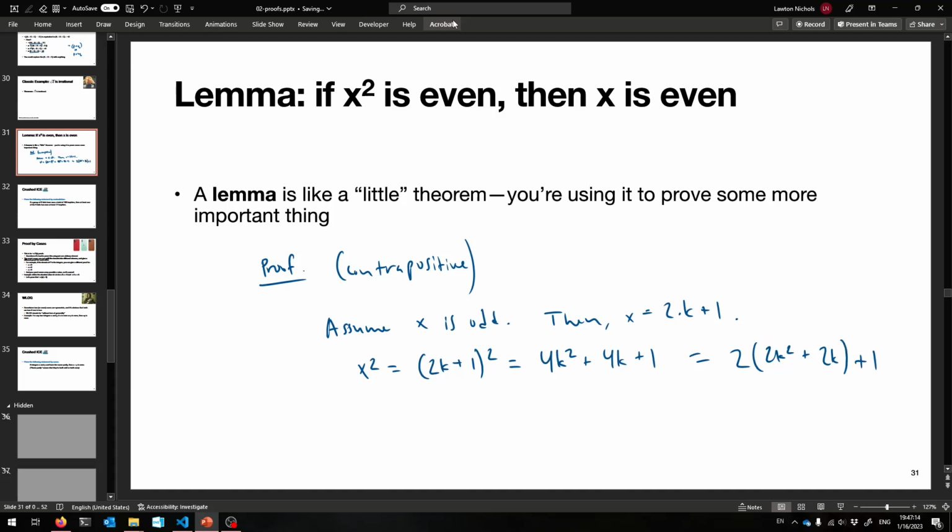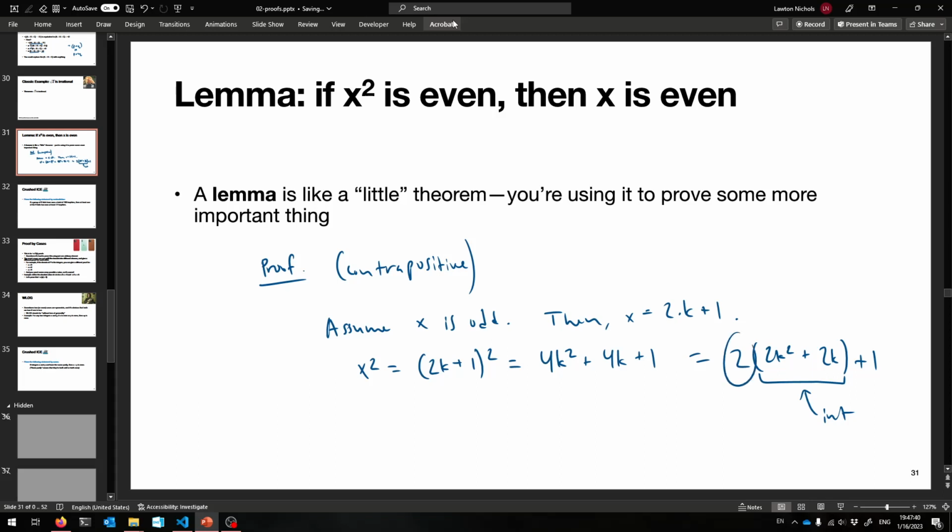What is this? My goal, again, was to prove the negated form of that hypothesis. Prove that x squared is odd. What do you know? Well, this is 2 times something plus 1. In order to prove that x squared is odd, I just need to know that this something is an integer, and it really is, right? This has to be an integer because k was an integer. Multiplying integers by integers, it's all ending up with an integer, right?